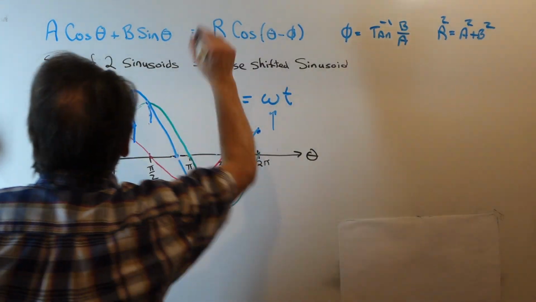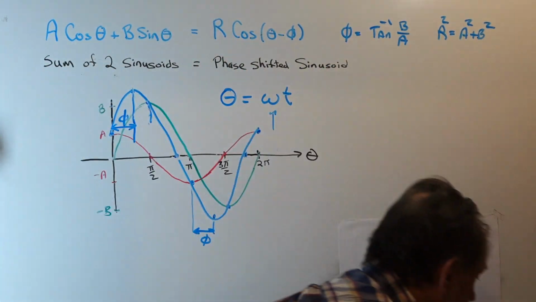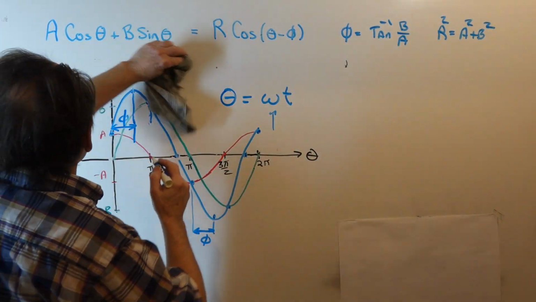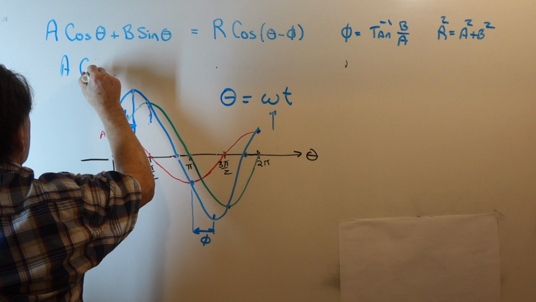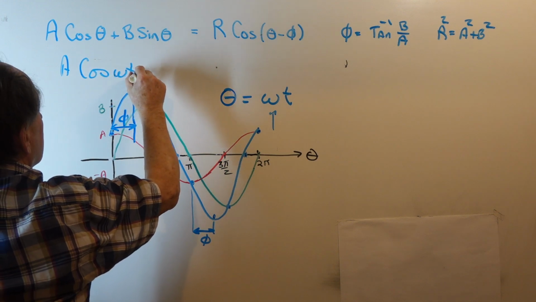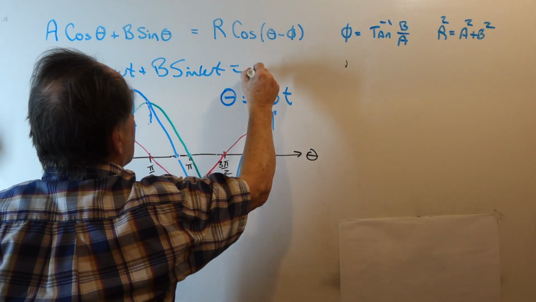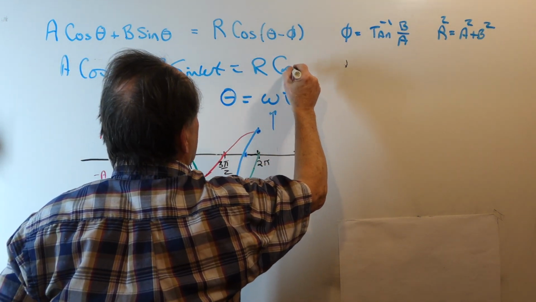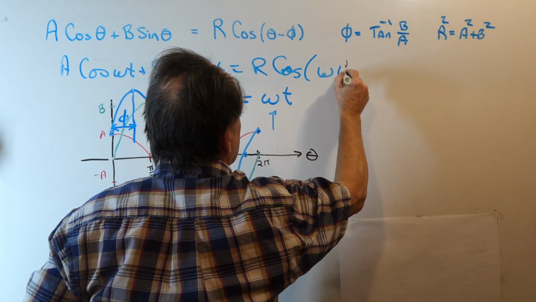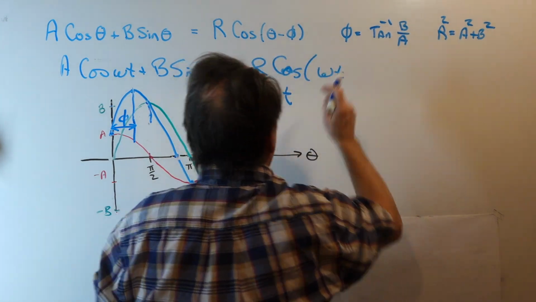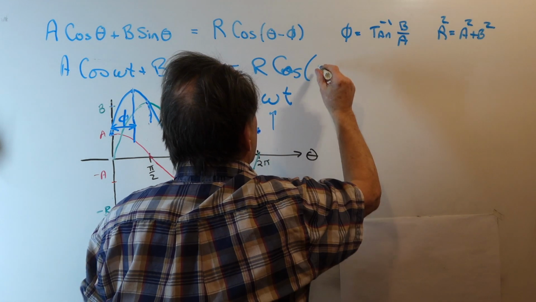So we would be writing this as a cosine omega t plus b sine omega t equals r cosine omega t plus or minus our phase shift.